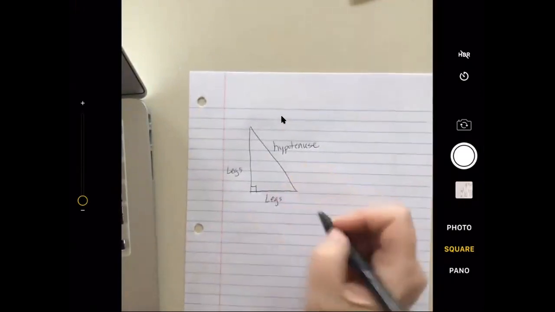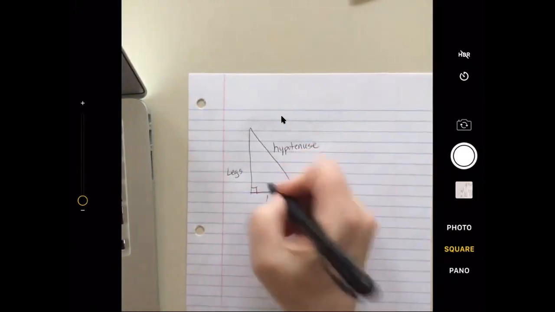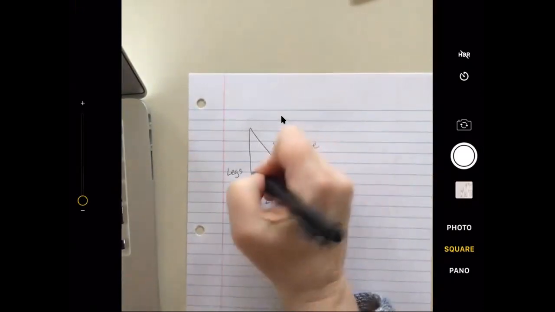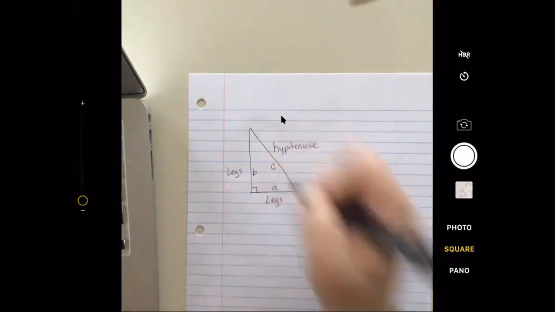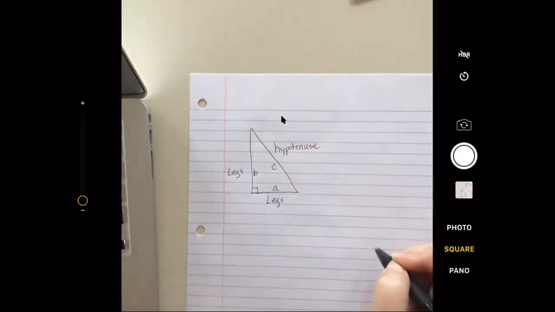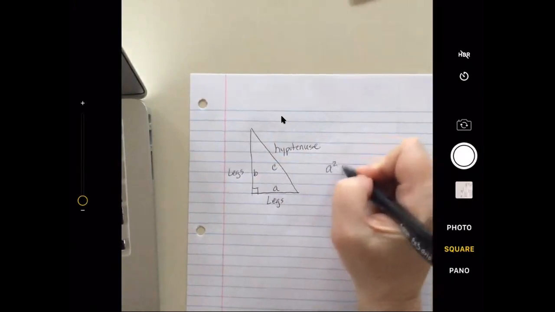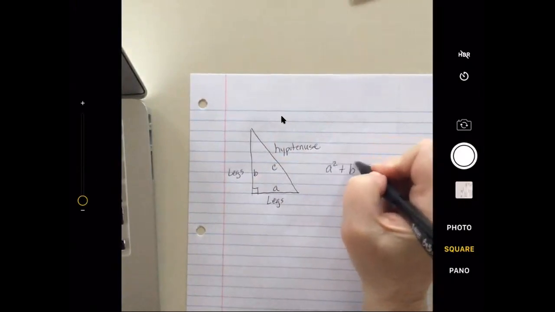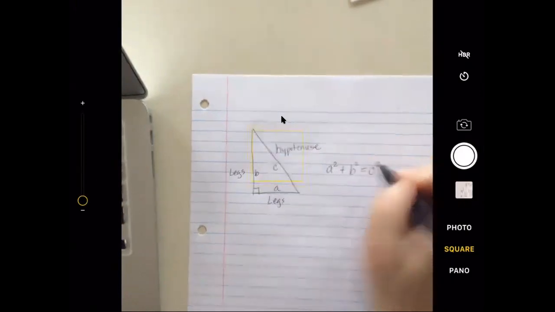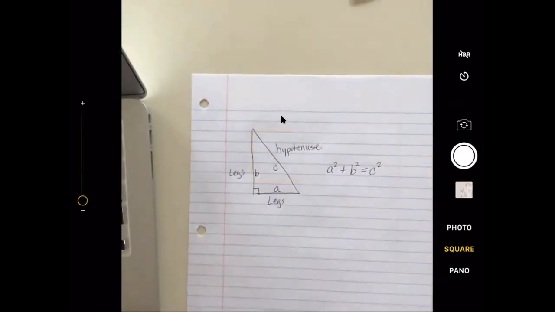A lot of times they're called A and B, and the hypotenuse is called C. That goes right to the Pythagorean theorem: a leg squared plus a leg squared equals the hypotenuse squared. That's the beginning of all that trigonometry stuff.